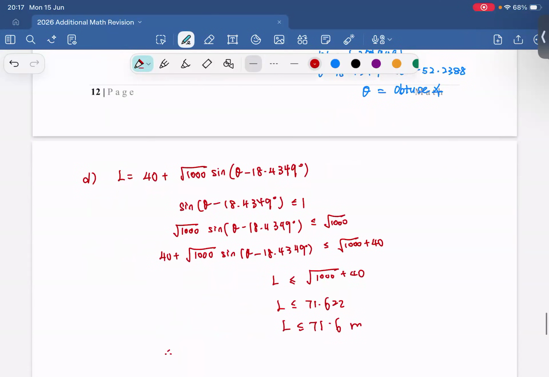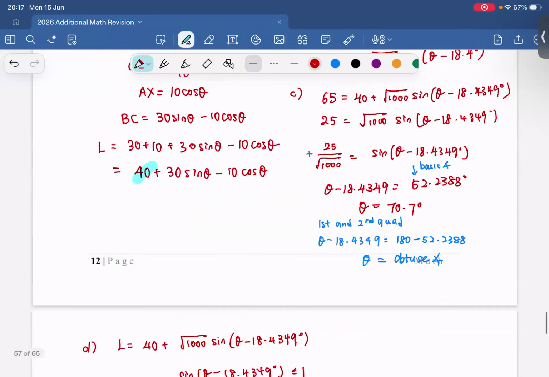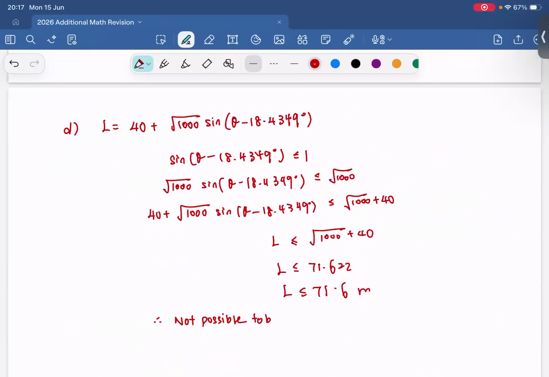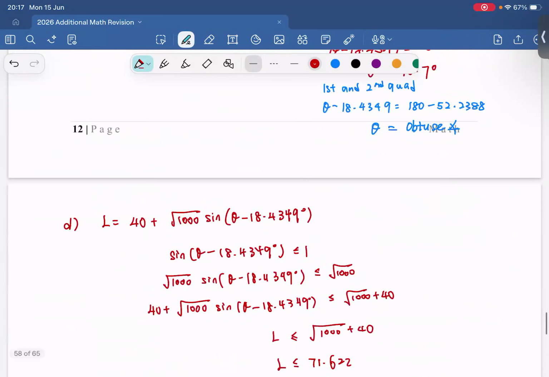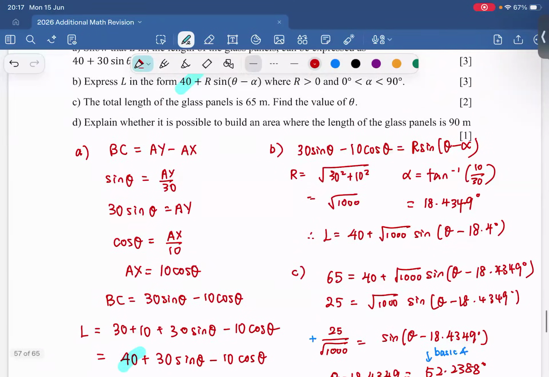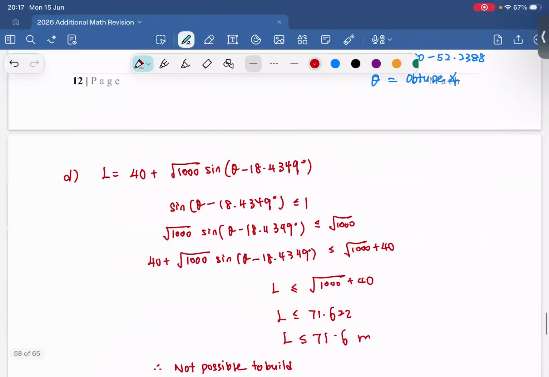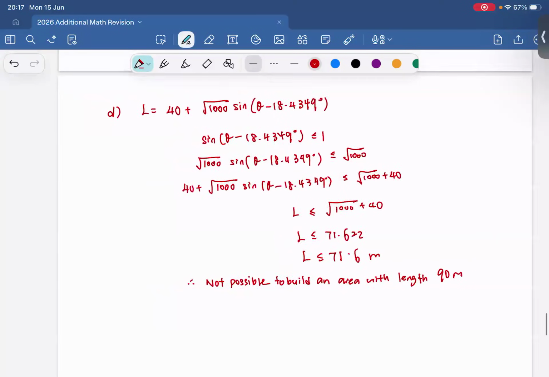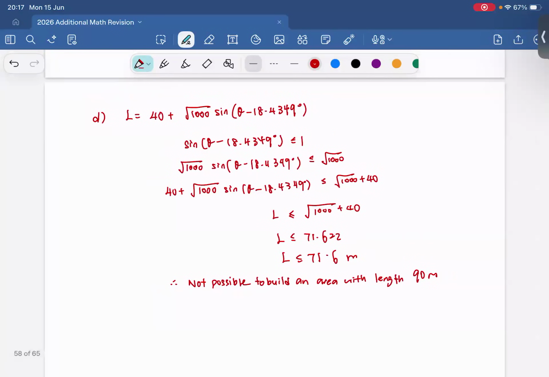So therefore not possible. What did they ask? Not possible to build, wait a minute, an area with length 90 meters. Based on your math, the maximum that you can go is only 71.6. Not possible for it to go up to 90 meter.